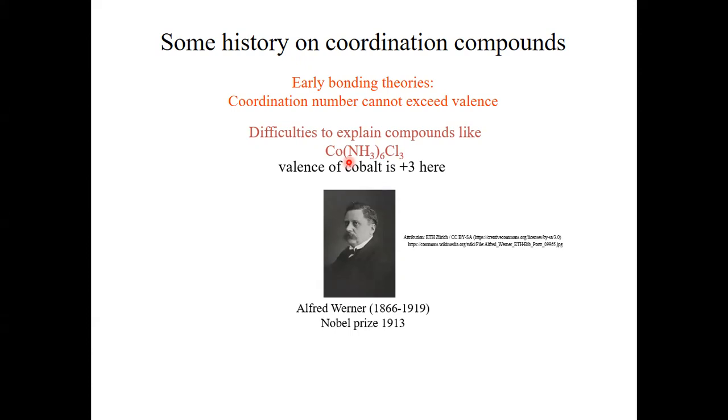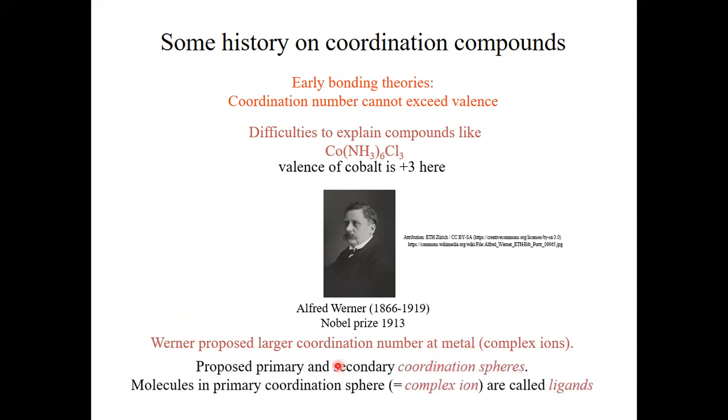The first coordination sphere contains ligands bound directly to the metal, and in a second coordination sphere the remaining constituents of the compound could exist to balance charges, but would not be bound directly to the metal. So he proposed that we can have larger coordination numbers at the metal, and we have primary and secondary coordination spheres.